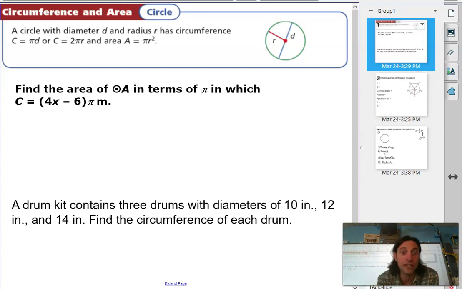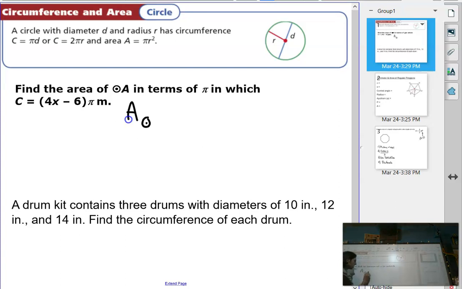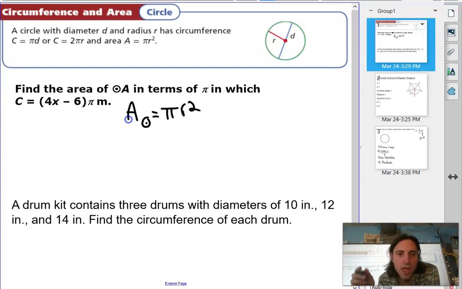The first one says, find the area of a circle in terms of pi, in which the circumference is the quantity 4x minus 6 pi meters. My 2 rules from the last session were: draw a picture if needed, and use the formula you need. In this case, we're trying to find the area of a circle, and so that's pi r squared. In the problem, I was given the circumference.